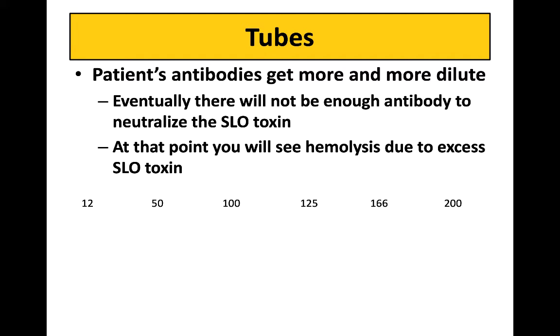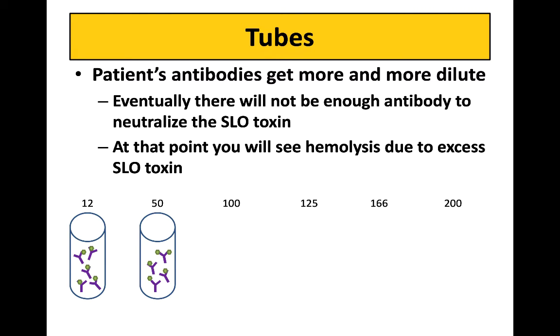So as the tubes go from low to high number, there's going to be a dilution of the antibodies in the tubes. Eventually, we are going to dilute out the antibodies so much that there's not enough to neutralize the SLO toxin that is present in the reagent. At some point, you should then see some hemolysis due to that excess SLO toxin because we cannot neutralize it.